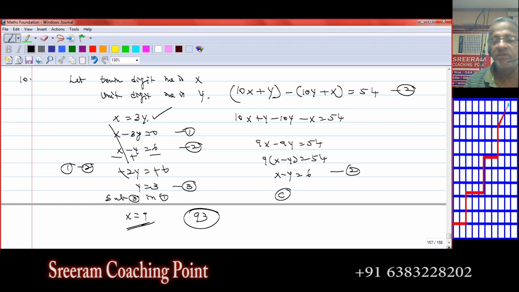When it is transposed, it will become 10Y plus X, and when you deduct from the first number, it is 54. You release the bracket and find the second equation, X minus Y is equal to 6. By substituting, you get Y as 3 and X as 9, and therefore the present number is 93. Are you understanding it?